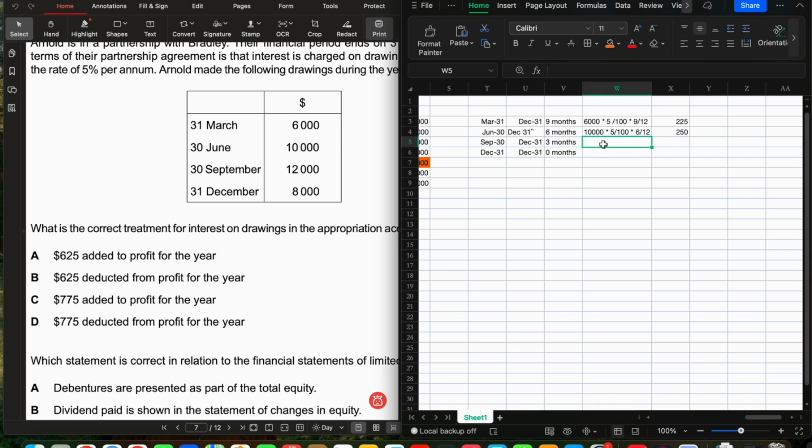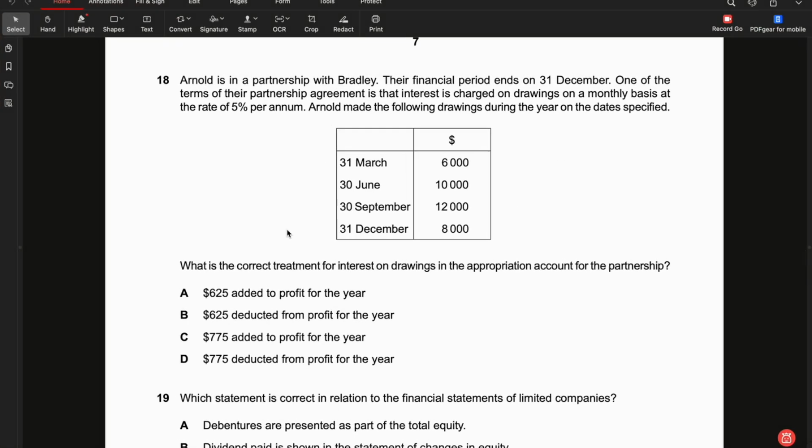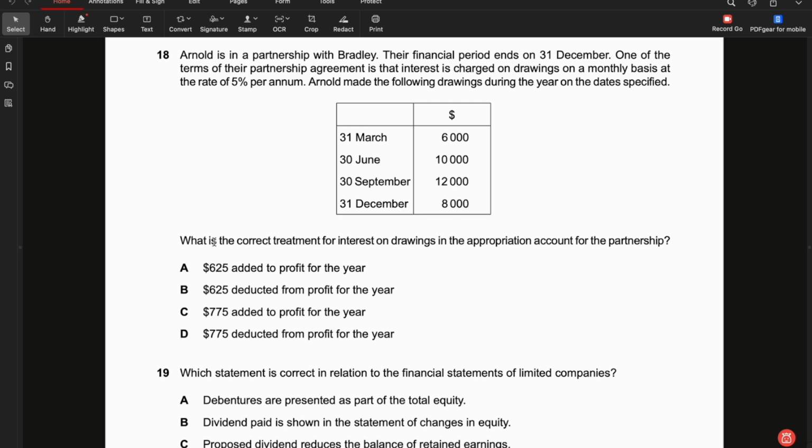Last one, drawings is 12,000 and 5% interest for 3 months out of 12 months. So this is 150, and last one is 0 months, so no interest. We do not charge any interest on that. So let's calculate the total amount, which is 625. So option C and D are cancelled, A and B remain.